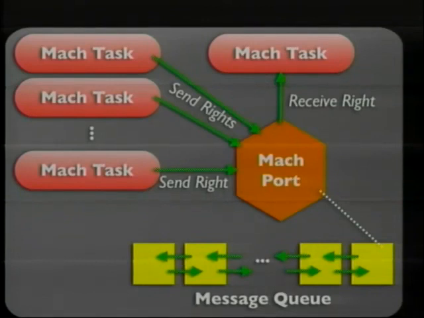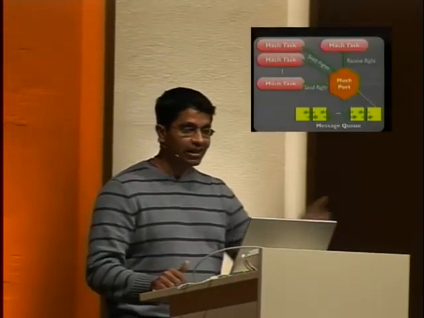But the special property is that there's only one task, technically any thread within the task, that can receive messages on a given Mach port. And this property is known as the task having receive rights to this port. But you can have multiple senders.